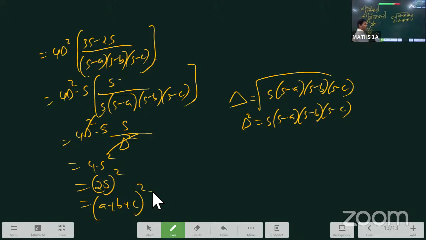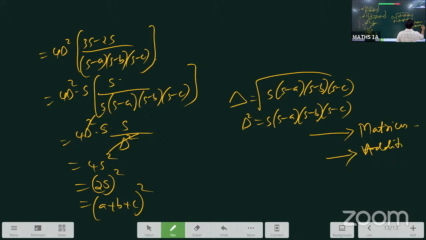So once again, I'm repeating, so far we finished matrices. Next, addition of vectors.